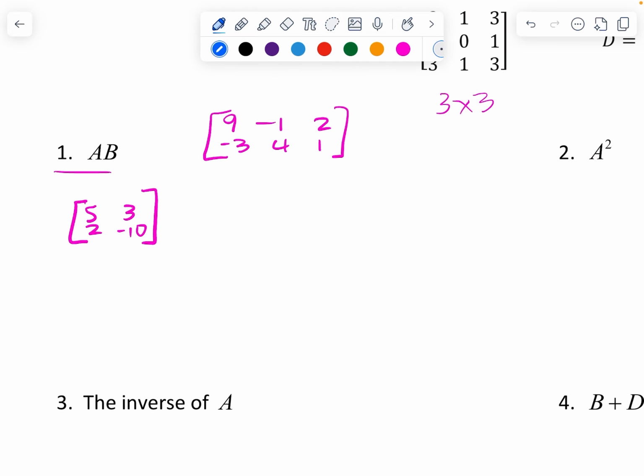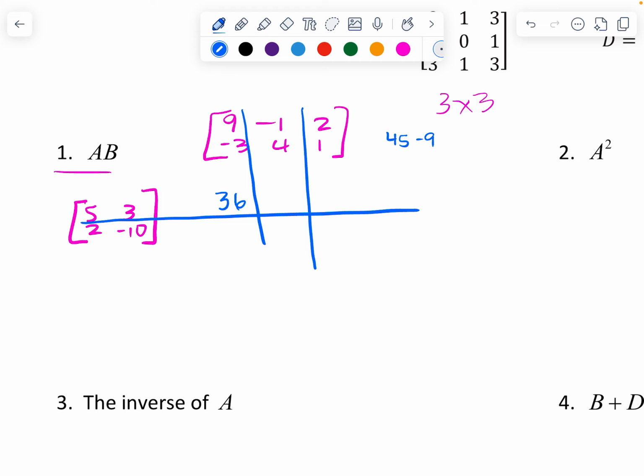I know this makes it easier for some of you guys. So I'm going to do, let's see, 9 times 5 is 45, minus 9, that's going to get me a 36. And then the next column over, I'm going to get negative 5 plus 12, which is 7.